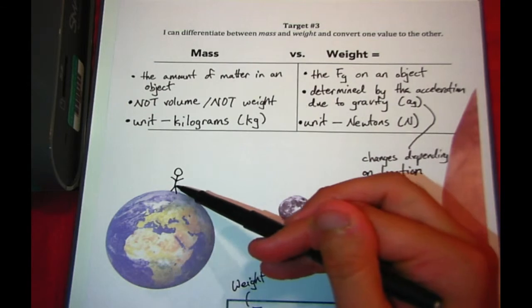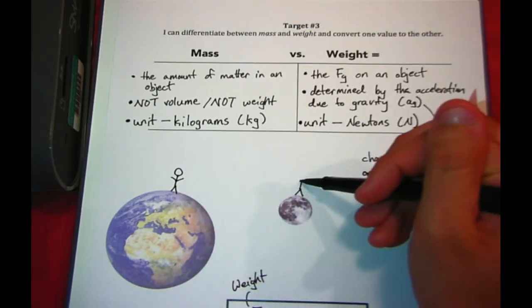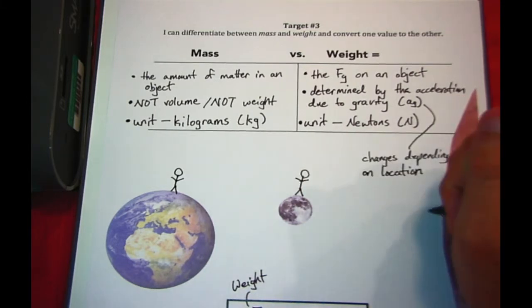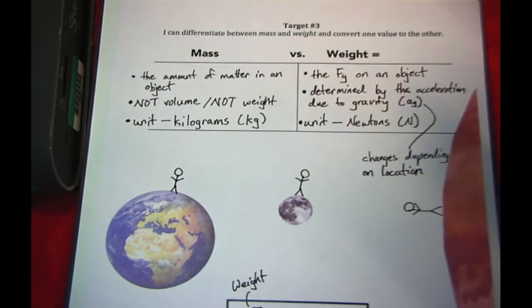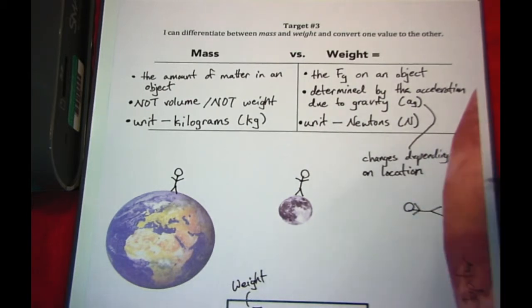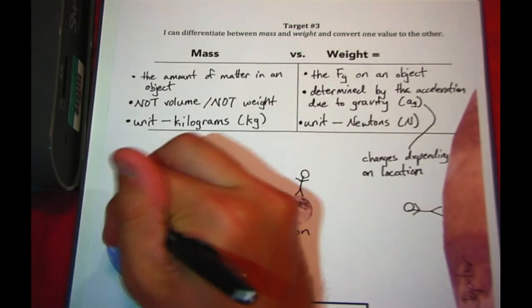All right, so let's say we have a mass or a person, and we put that same person on the Moon, on Earth, and on Jupiter. Okay, and let's label these: Jupiter, Moon, and Earth.